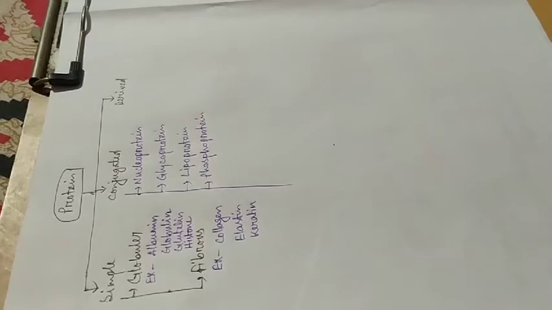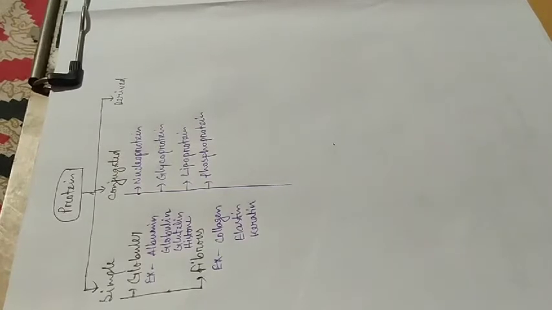As examples of derived protein, such as coagulated protein, fibrin protein, which is present in our blood plasma and helps in blood clotting. Those are the derived proteins.